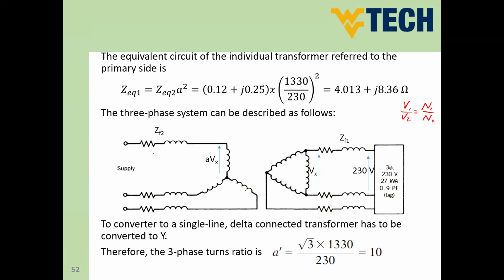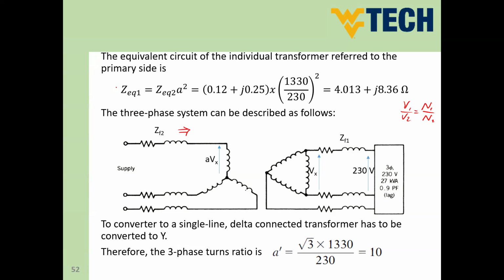Now, in order to get the volt on this side, guys, we need to convert our question to a single line diagram or single phase. How can we do that? This impedance is the referred impedance of the transformer seen from this side.